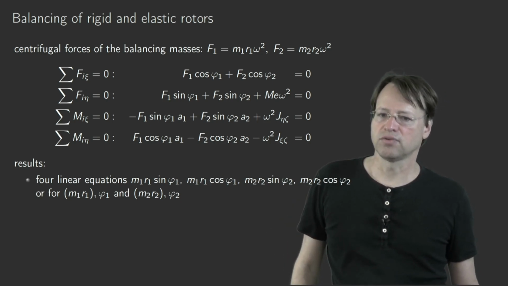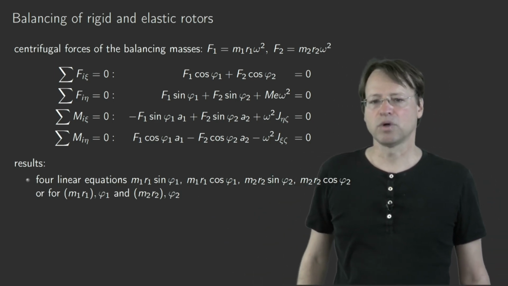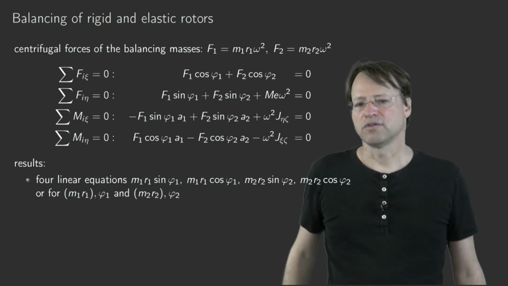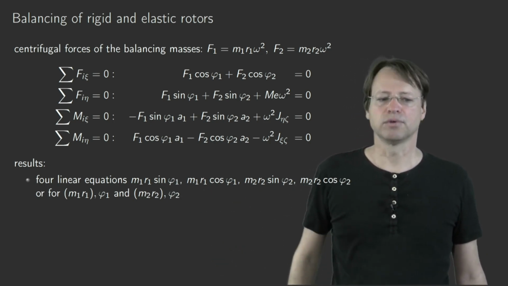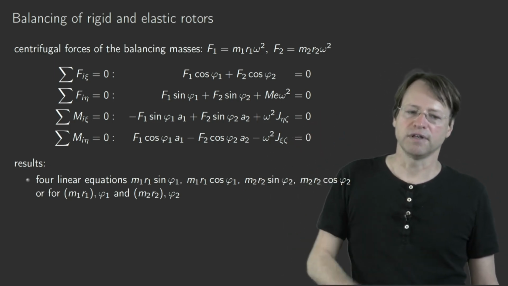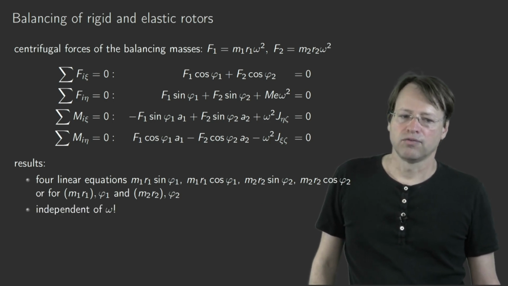Then you have these 4 linear equations and these 4 quantities, and what you want to determine is M sub 1, R sub 1, a product, and on the other hand, phi 1, and the same with 2, M sub 2, R2, and phi 2. These would be the 4 parameters you want to determine. All of the other quantities are fixed. The result will be independent of omega.